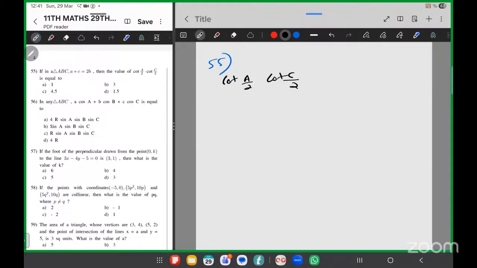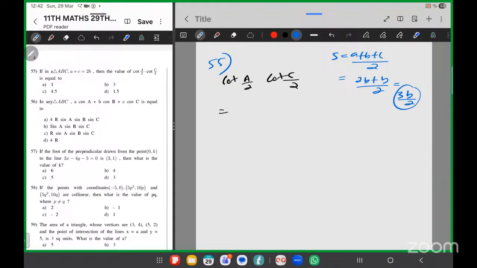Here A plus B plus C is 180, and A plus C is already 2B, so 3B equals 180, and S is 3b by 2.